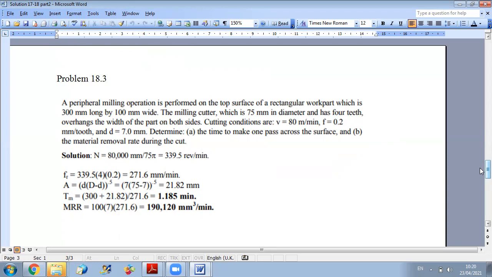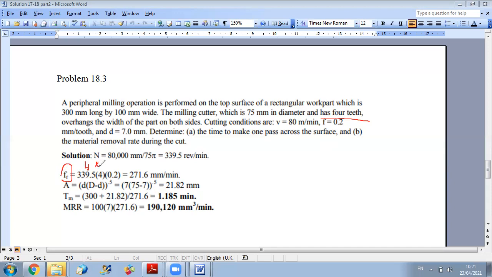So first, when they gave us the number of teeth, because when you have 4 teeth, each one will do a certain job. So at the end, you should sum the job of all teeth, okay? For example, if you want to calculate the feed rate, in general, since we have 4 teeth, we should do 4 times the feed rate of one tooth, okay?